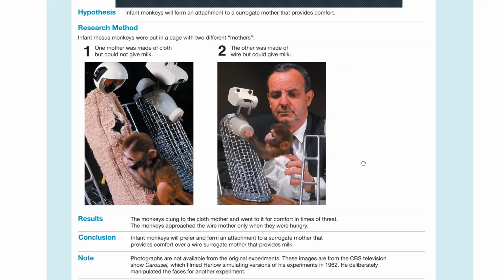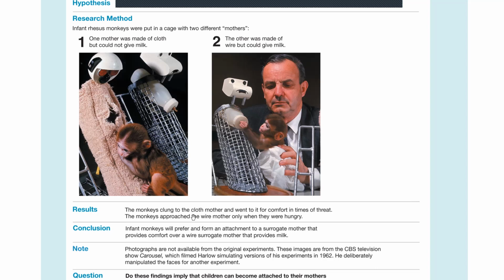The results were that the monkeys clung to the cloth mother and went to it for comfort in times of threat. He tested this by scaring these infant monkeys. We know that monkeys, the same as humans, when you get scared as a youngster, you go to your primary attachment figure.